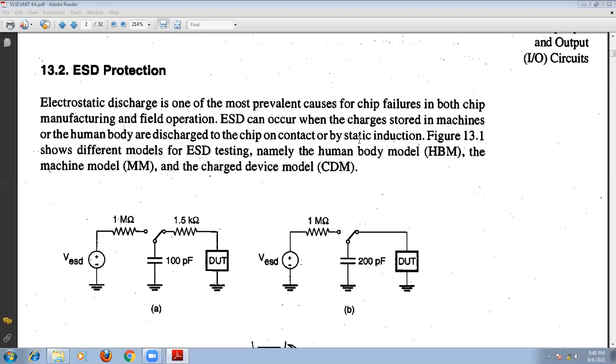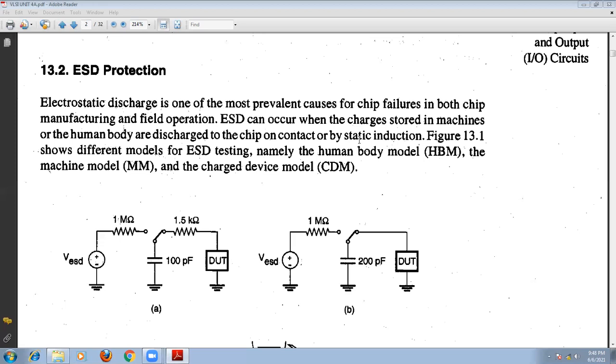Therefore, when the human body walks for approximately 10 seconds, that means 10 steps, up to 3 kilovolts will be generated by the human body and stored in the body.